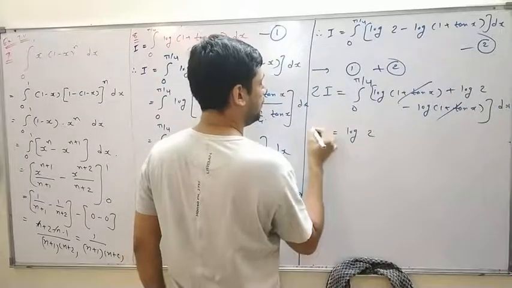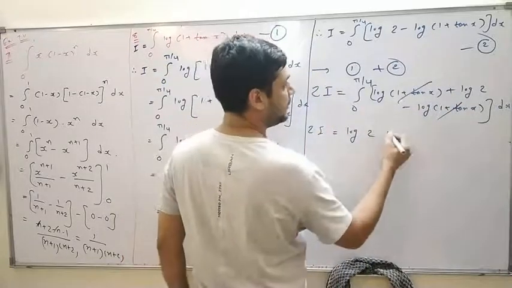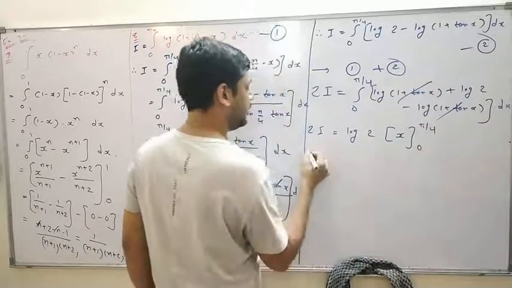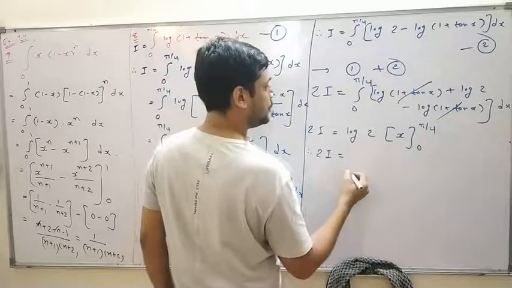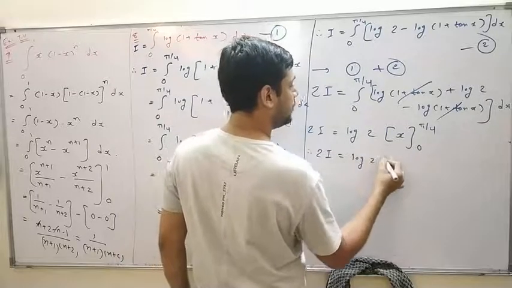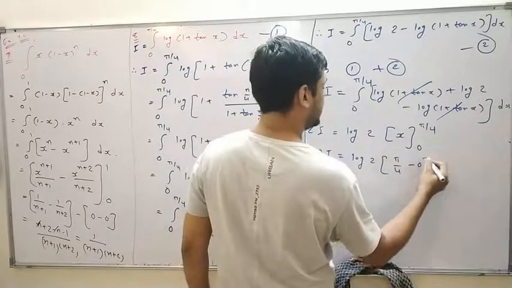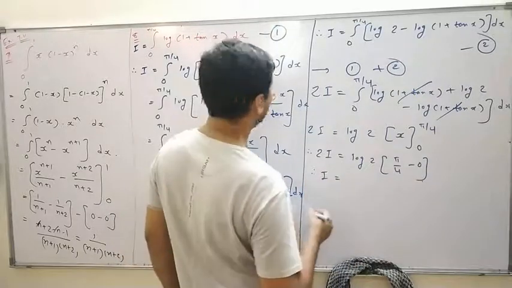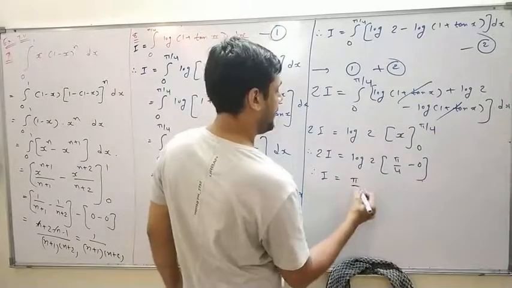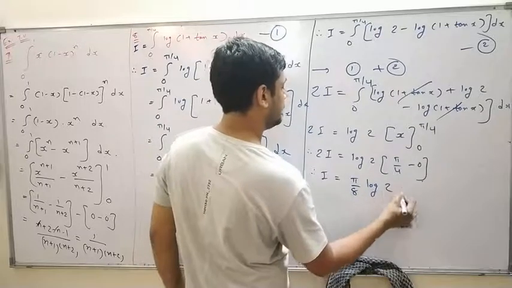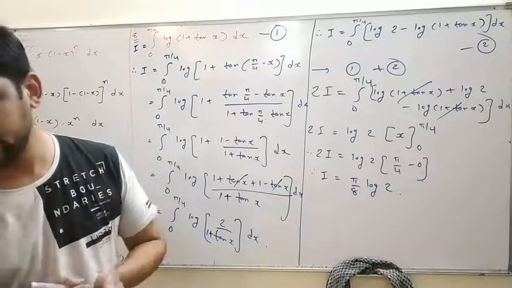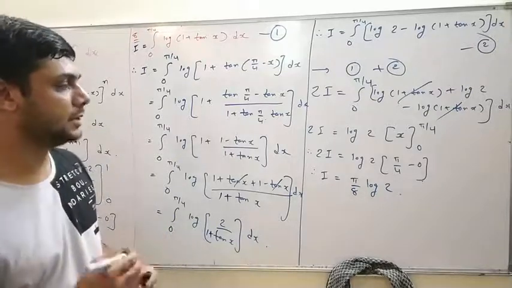Log 2 is a constant, so integrating 1 gives x, from 0 to pi by 4. So 2I is equal to log 2 into (pi by 4 minus 0). So I is equal to pi by 8 log 2. That is your answer.